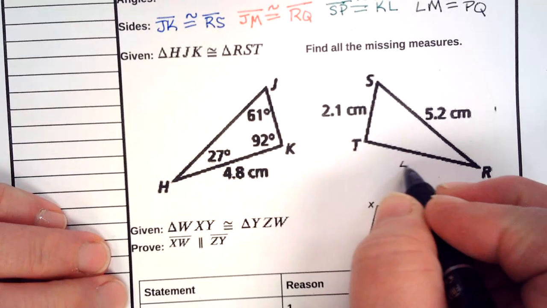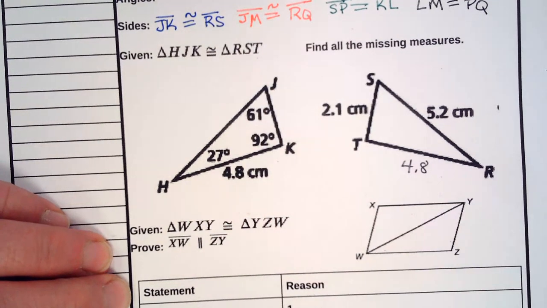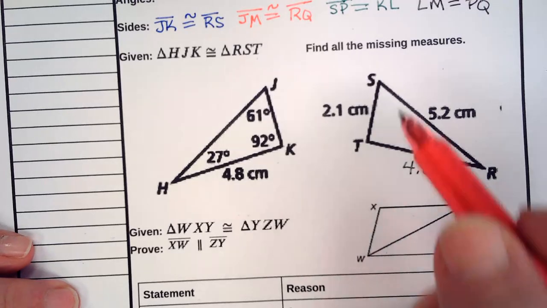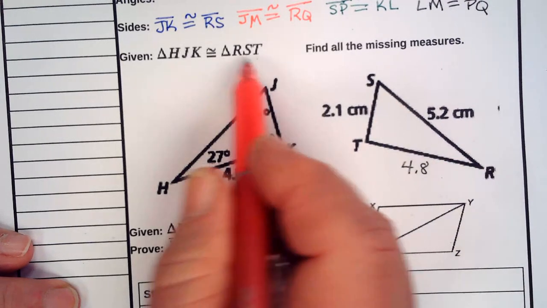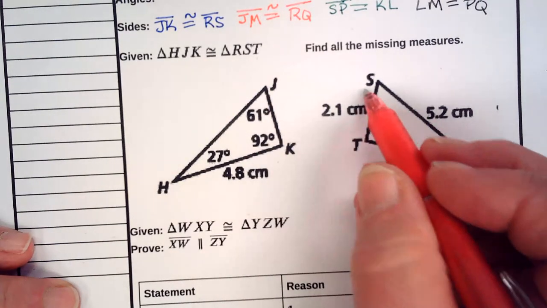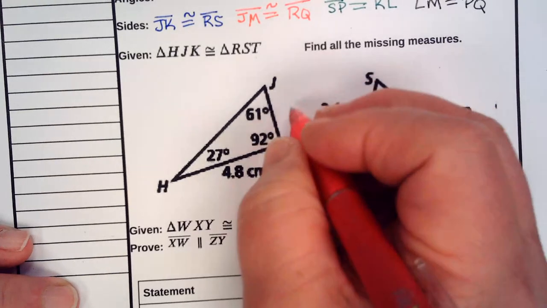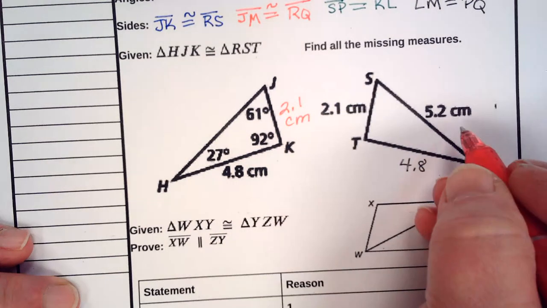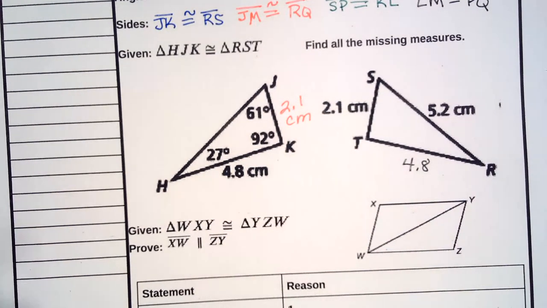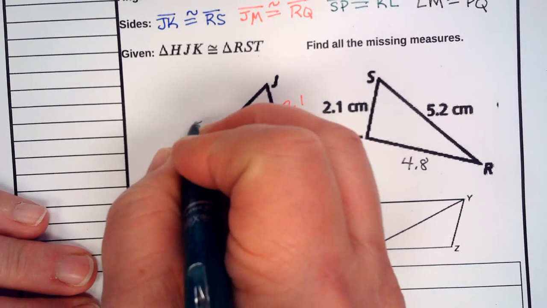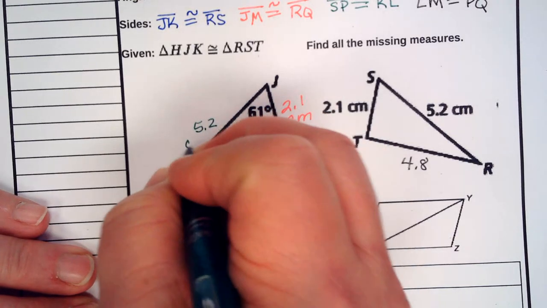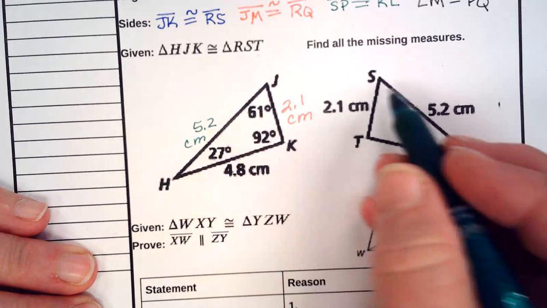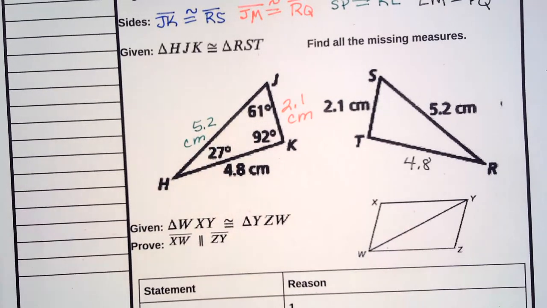So this is also 4.8. Okay. ST, the last two, and JK, ST and JK are the same, 2.1 centimeters. And that simply leaves us with 5.2 centimeters for HJ, those first two, RS, the first two, and we're done.